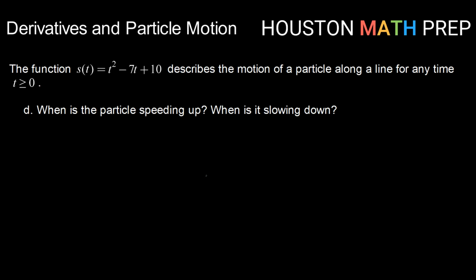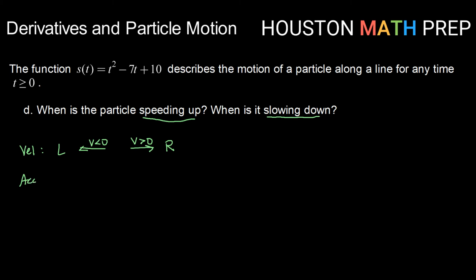Okay, so using that information, let's figure out when is the particle speeding up and when is it slowing down. To think about speeding up and slowing down, speed is actually not the same thing as velocity. Velocity includes direction. So when we talk about speeding up and slowing down, we're actually looking at a combination of velocity and acceleration. Just like velocity has direction, if we're moving to the left, then velocity is negative, and we're moving to the right whenever velocity is positive.